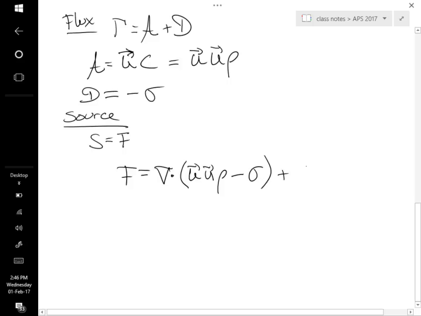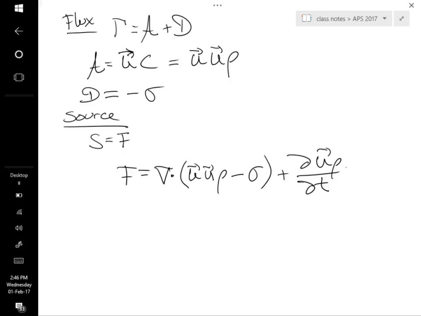And then we also include the storage term, which is the rate of change of the product of velocity and density. Okay, so there's our first cut at the conservation equation for momentum in a fluid.